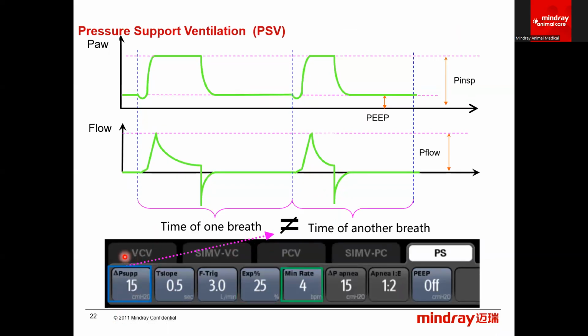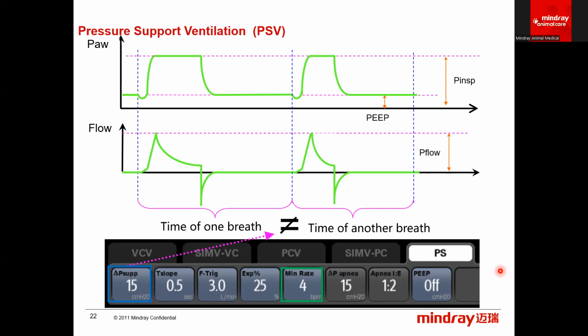Like I just mentioned, because of the patient-driven nature of this ventilation mode, you might end up with breaths that are not the same length as the other breaths, which is how it is in their waking breathing habits.